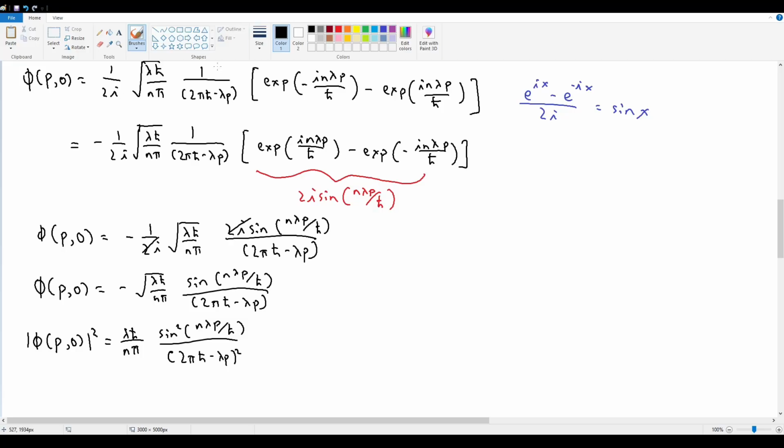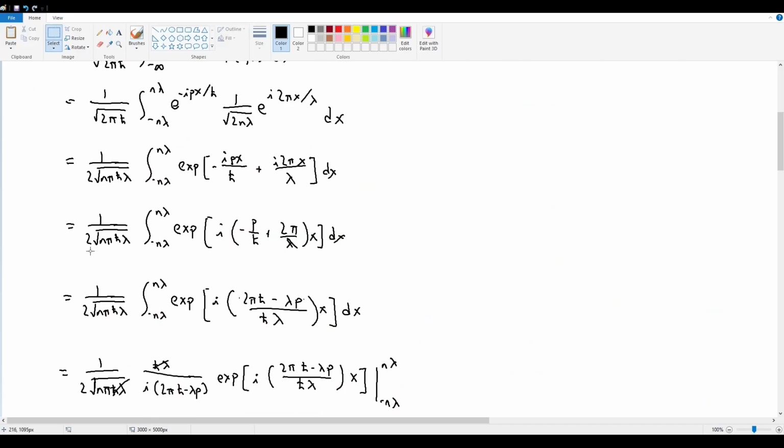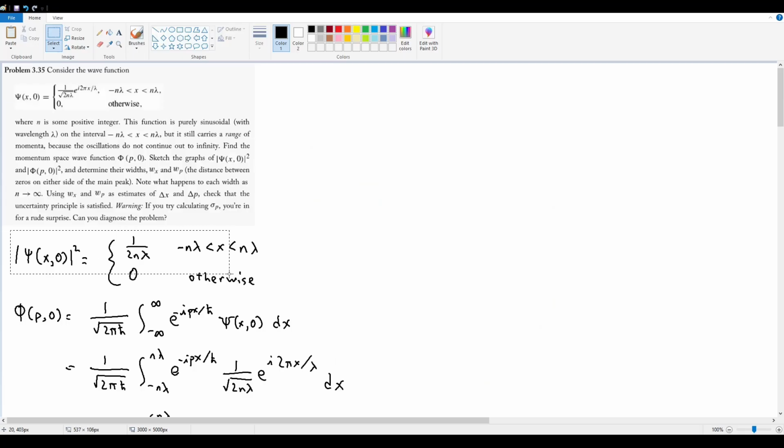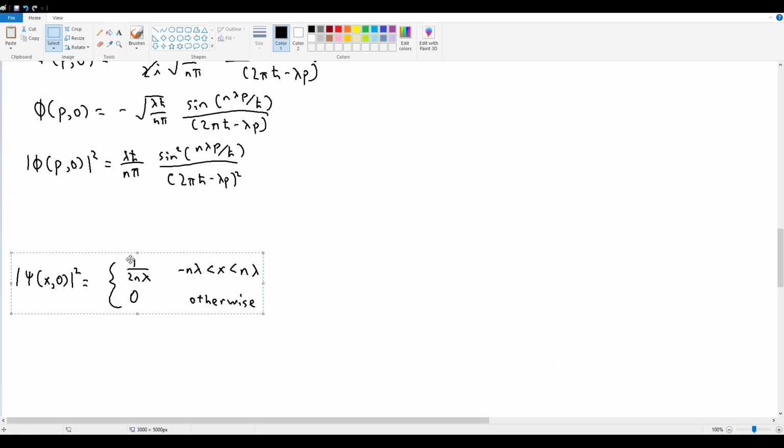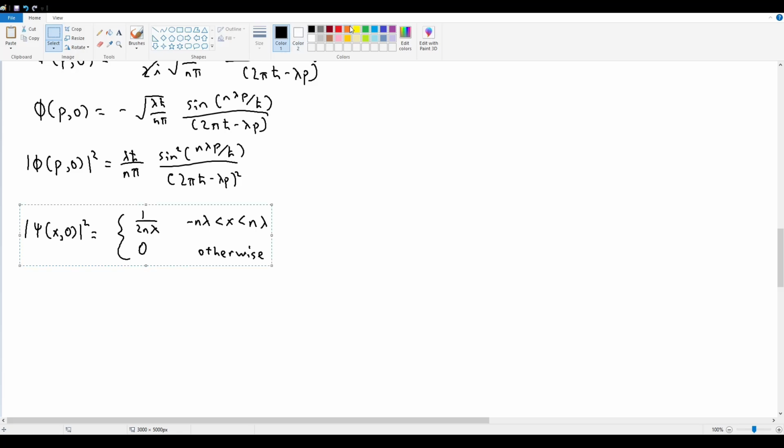Okay, so now I have my magnitude phi squared and I have my magnitude psi squared. I am now going to want to graph this, right? Let's underline these two, right?